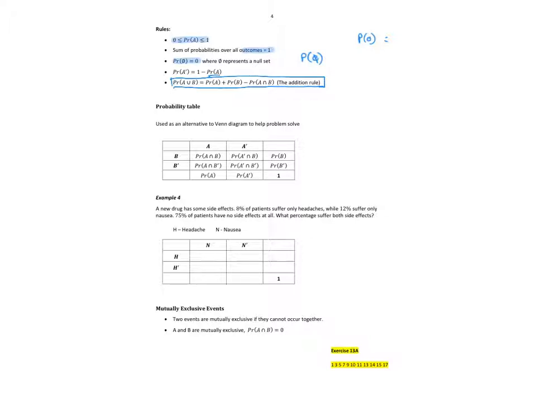Now, another way to represent our probabilities is through use of a Venn diagram and/or a Karnaugh map. So the Venn diagram is typically set A, we'll go set B, okay?